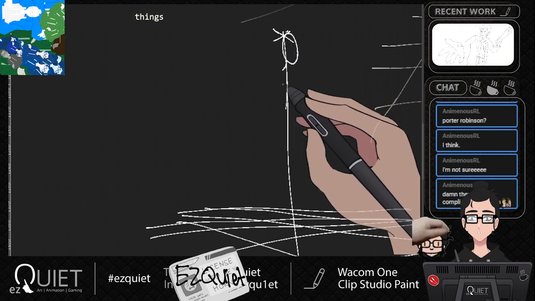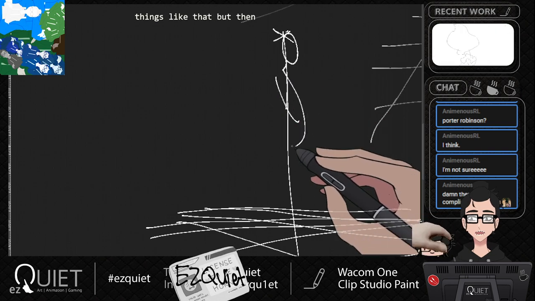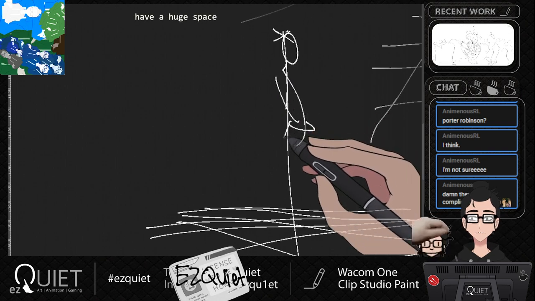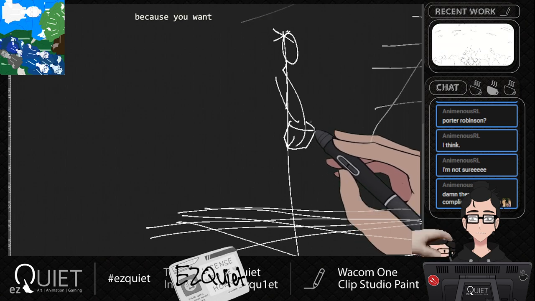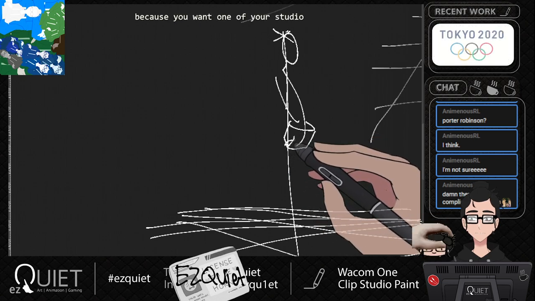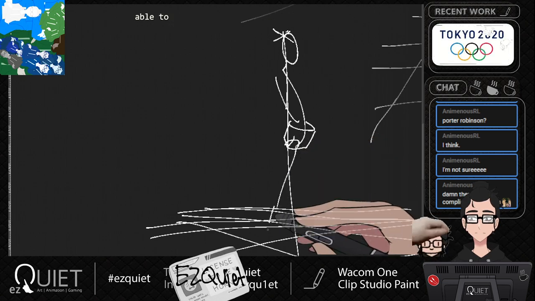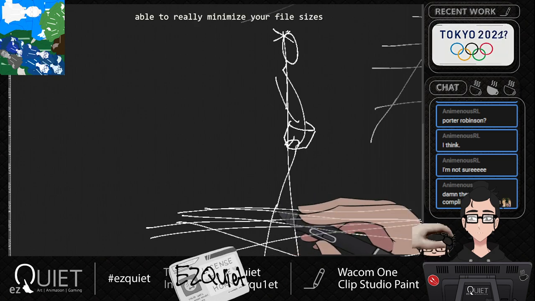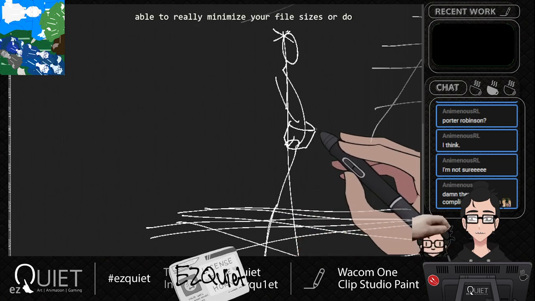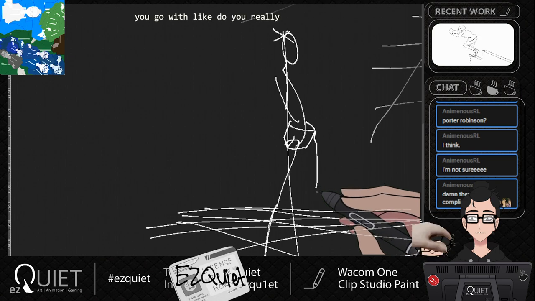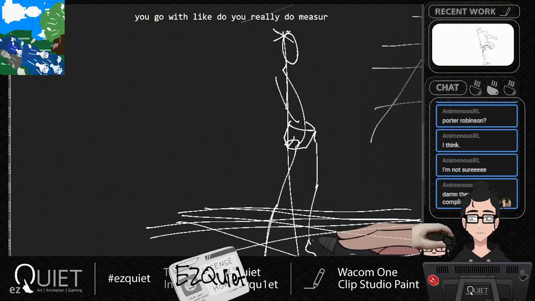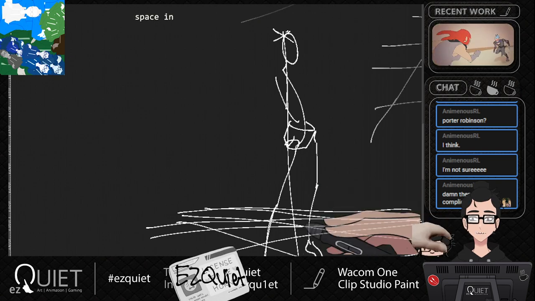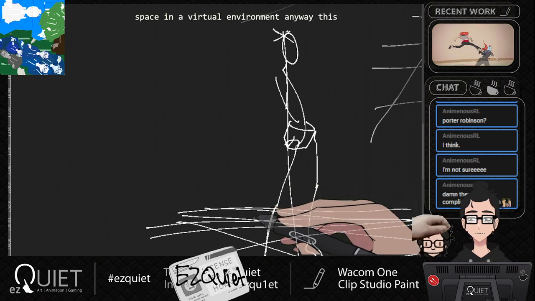But then you could have a huge space with a lot of activities because you went with a VR studio that is able to really minimize your file sizes. Or do you really measure it based off space? But then how do you measure space in a virtual environment? Anyway, this stuff is cool to me.